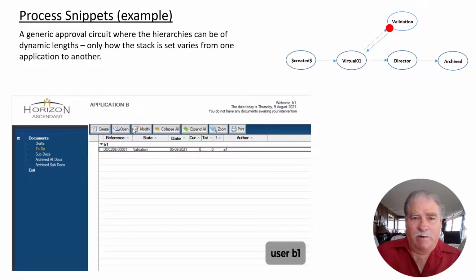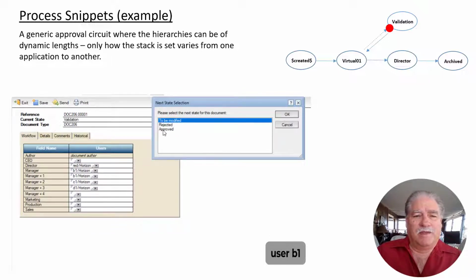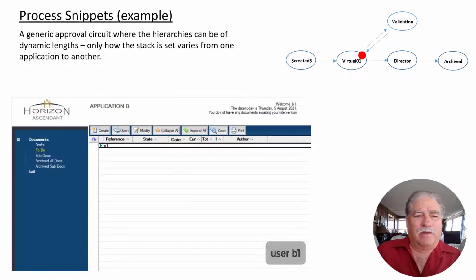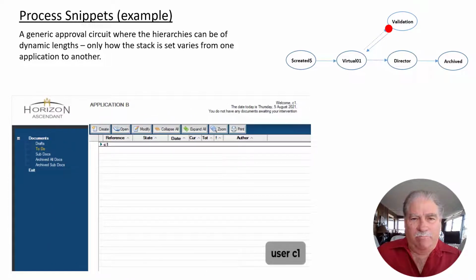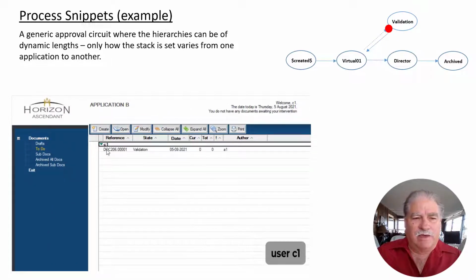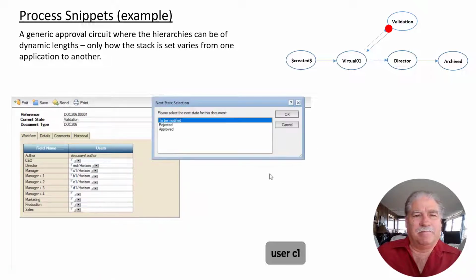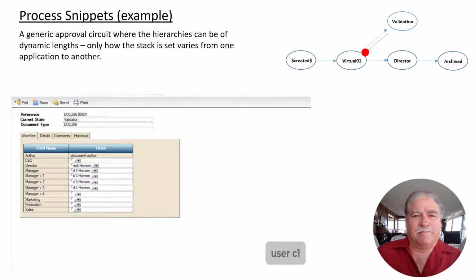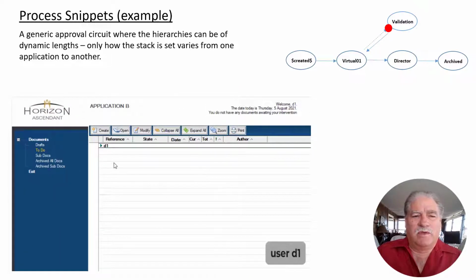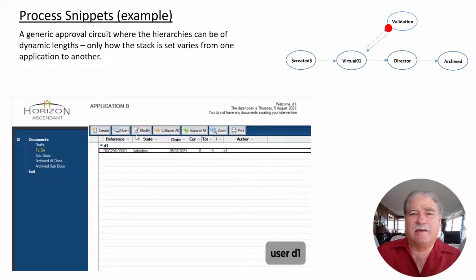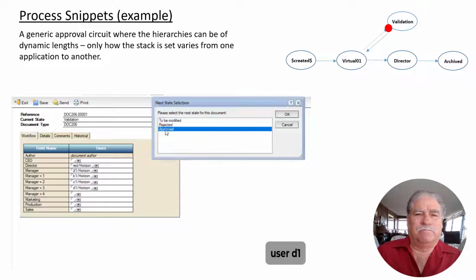So I've got a diagram up in the right-hand corner to help follow along with what's happening. So as we move through the process, usernames are being popped off the stack, going through that approval process. And lastly, once the user stack is empty, the document is routed to director for approval.